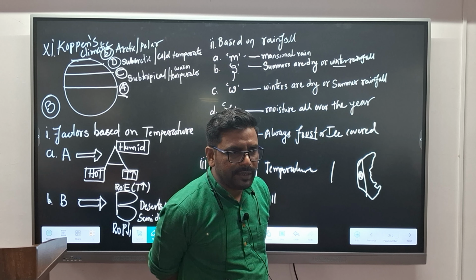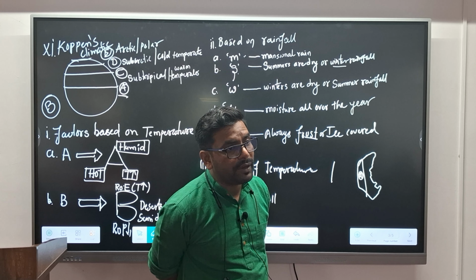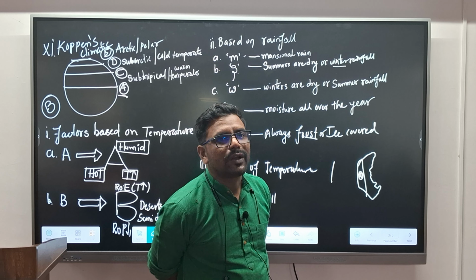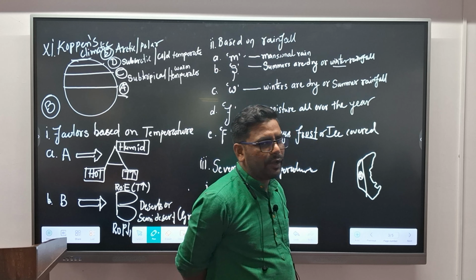C means temperate, relatively warm temperate. Karnataka falls under the tropics, so C and B cannot be qualified.